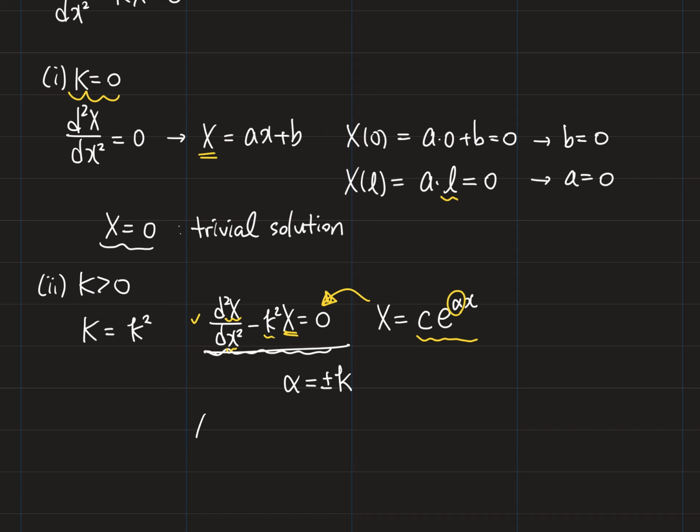So if you have two different solutions, then their linear combination, multiplied by two arbitrary constants and summed, should be the general solution with a positive constant k.